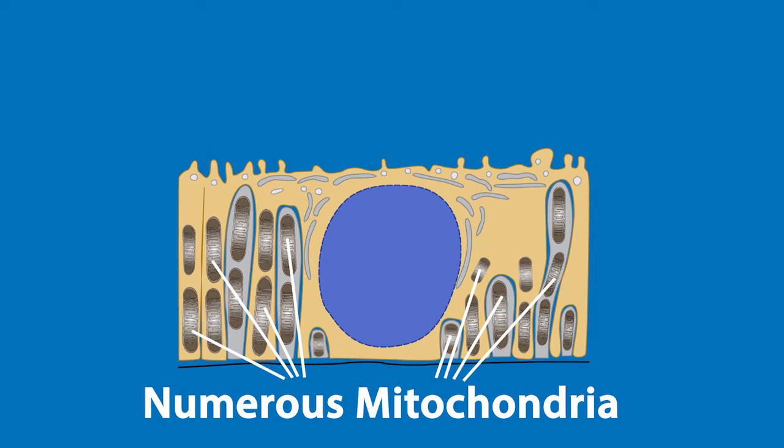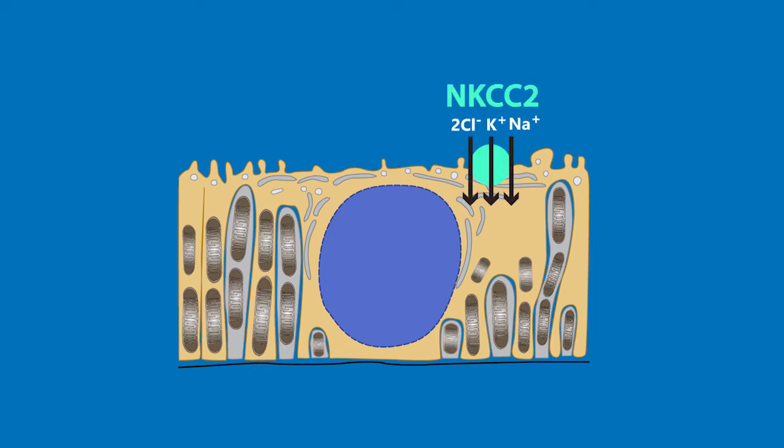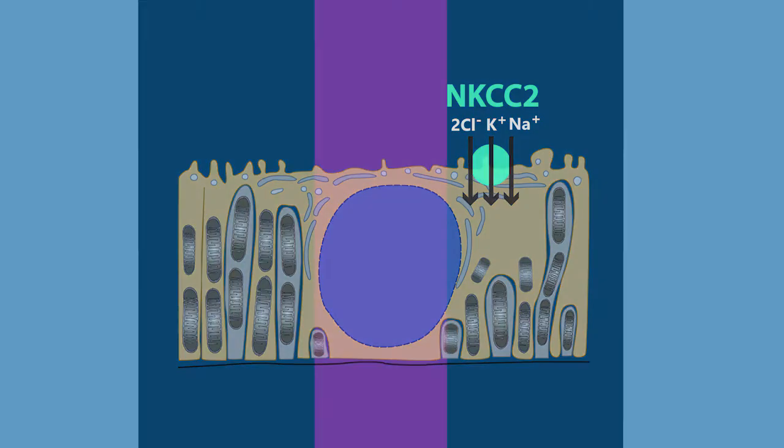In fact, the cells of the thick ascending limb actively transport sodium chloride and potassium via the sodium-potassium-2-chloride cotransporter, or NKCC2, which plays a major role in establishing the medullary interstitial osmotic gradient.